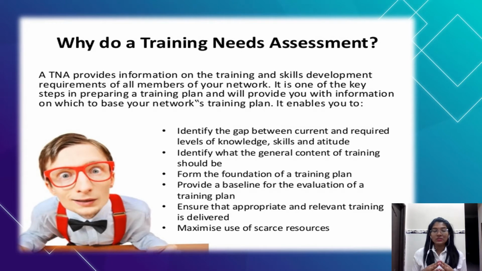Now let us look at the importance of training needs assessment. The TNA provides information on the training and skill development requirements of all members of your network. It is one of the key steps in preparing a training plan and will provide you with the information on which to base your network's training plan. It enables you to identify the gap between the current and required level of knowledge, skills, and attitude.